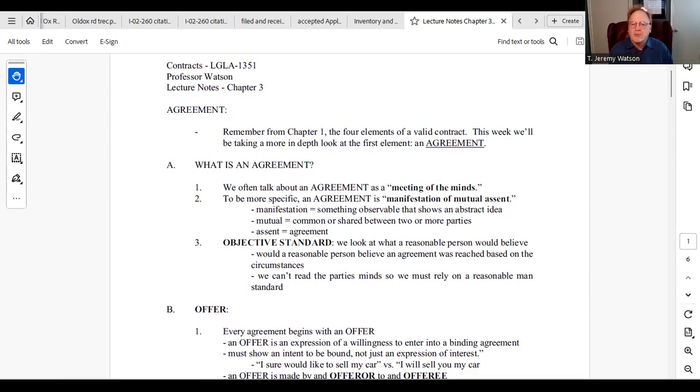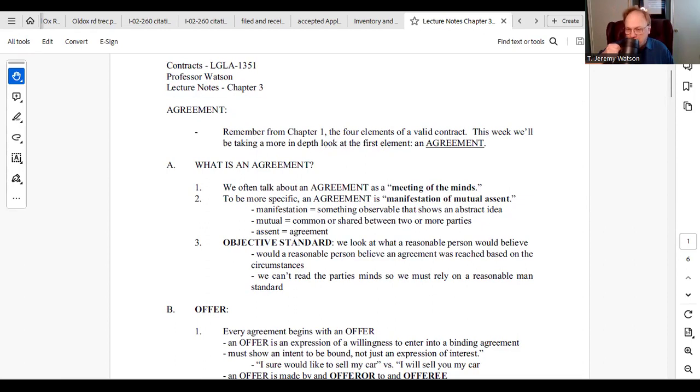Okay, so an agreement. What is an agreement? Remember from chapter 1, those 4 or 5 elements of a valid contract: agreement, consideration, mutuality, legality, and capacity. The first one is agreement. And so this week we're going to take a more in-depth look at an agreement. So what are we talking about when we say an agreement? It's not a hard word. Agreement is a kindergarten word.